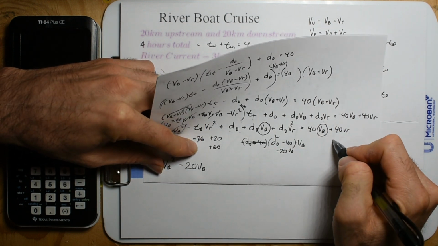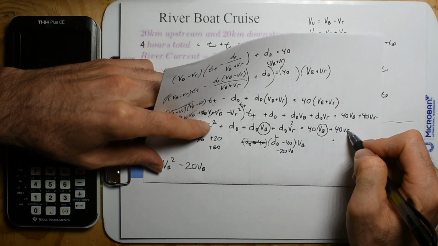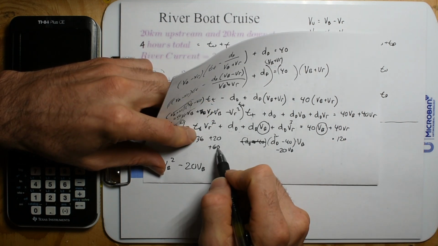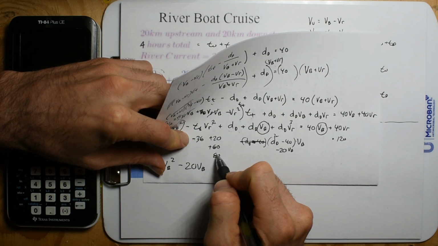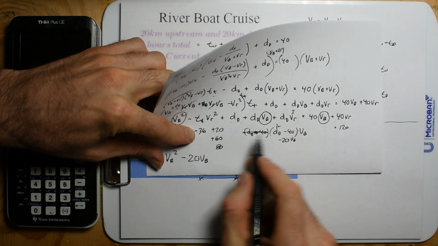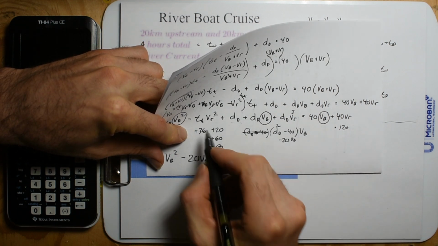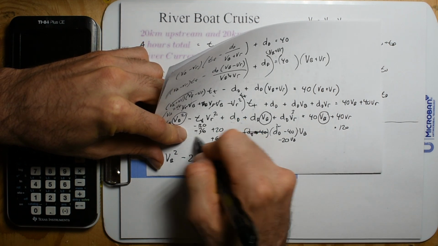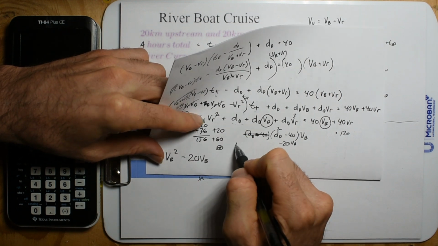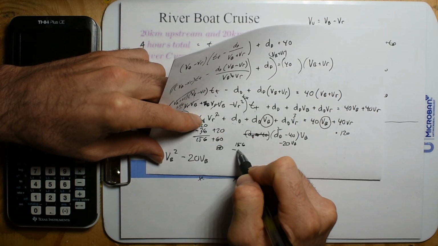And then on this side, we have 40 times 3, that's going to be 120. So over here we have 80, and we're going to have to subtract 120. That's going to be 156 plus 80, which is the same thing as taking 156 and subtracting 80.